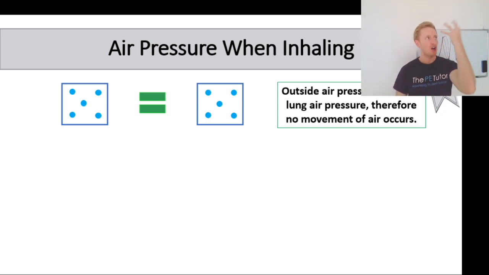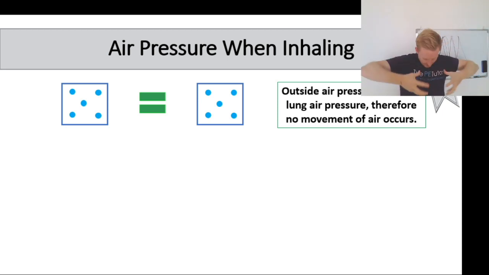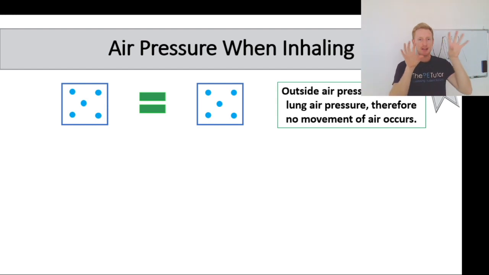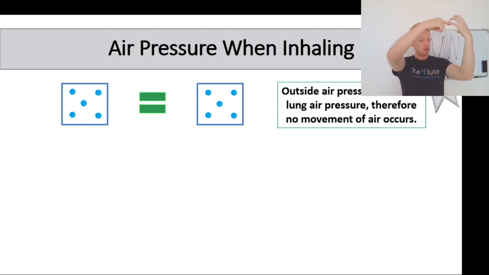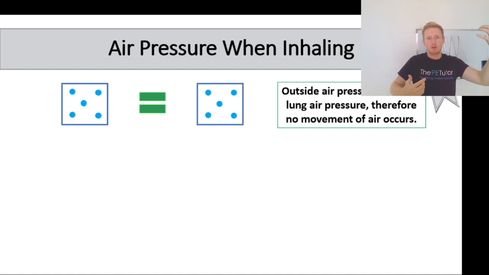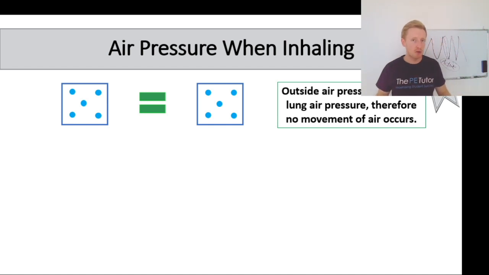If you were to take a cube of air and measure the air pressure, how packed in the air particles were, and you were to take a cube of air from your lungs, if they were the same pressure, if there was the same level of busyness of air particles in each cube, well, there'd be no inclination for either particle to move to the other area, because they're matched, it's equal. Just like on the train. If you're on a really busy compartment and you can see the next one down there and it's just as busy, there's no point in moving. It's the exact same.